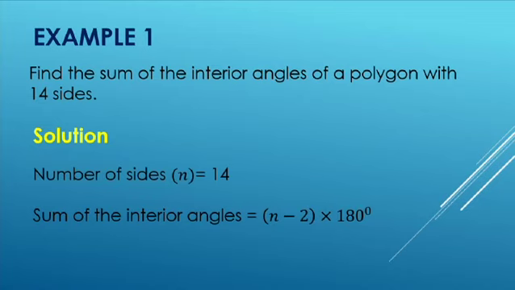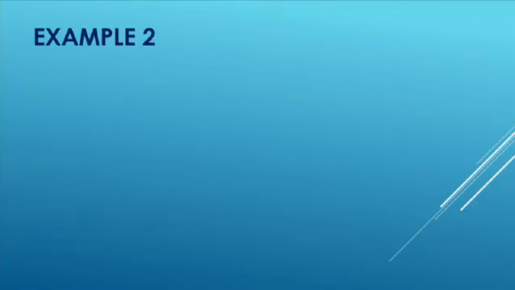So what is n? n is 14. So that will be (14 minus 2) times 180 degrees. 14 minus 2, you know that it is 12. And 12 times 180 degrees is 2160 degrees. Simple.